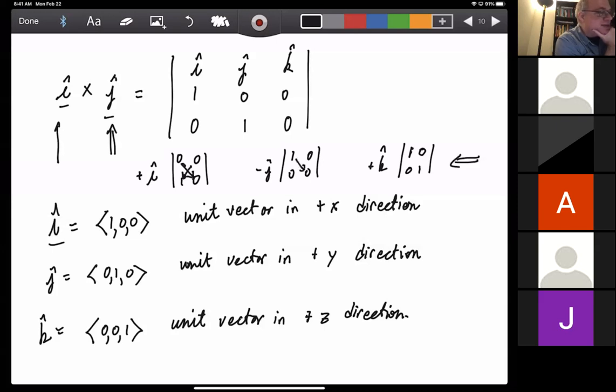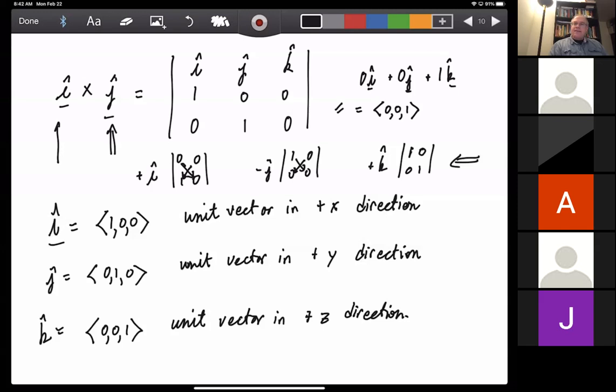For the j hat, 1 times 0 is 0, 0 times 0 is 0. With the k hat, we've got 1 times 1 is 1, minus 0 times 0 is 0. So this result is going to have 0 i hat plus 0 j hat plus 1 k hat, or in other words, 0 0 1. So the answer is the unit vector k. Is everyone clear on where that's coming from?